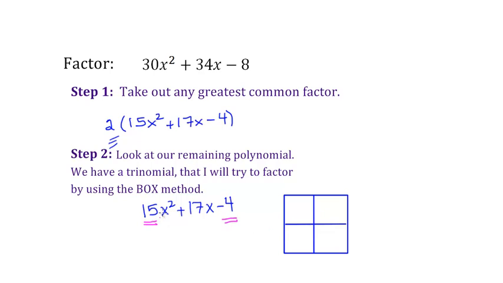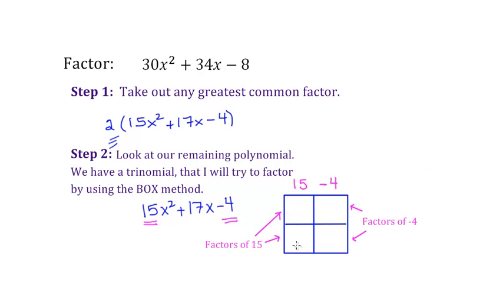In our box method, we take the lead coefficient, 15, and that serves to be the number which is going to help us fill in the first column. The last constant term, or last coefficient if you like, negative 4, will help us to fill in our second column.